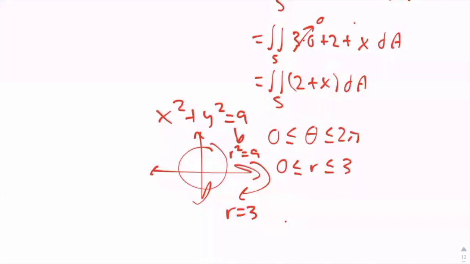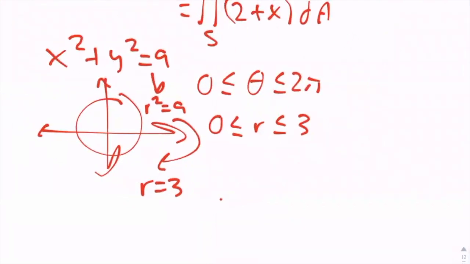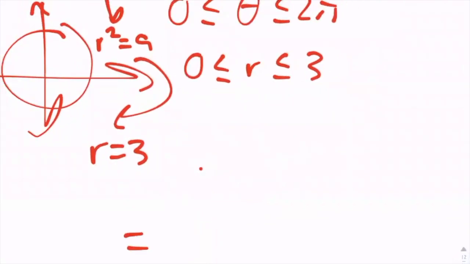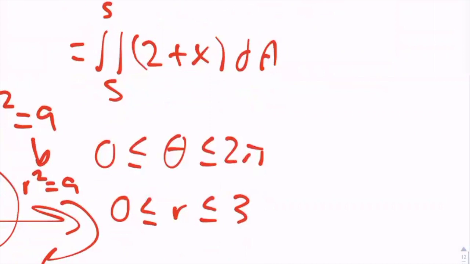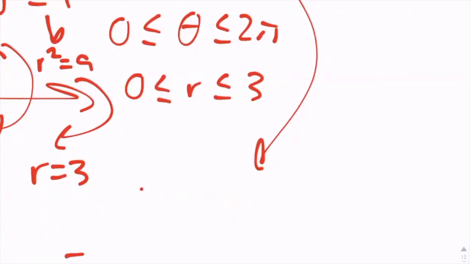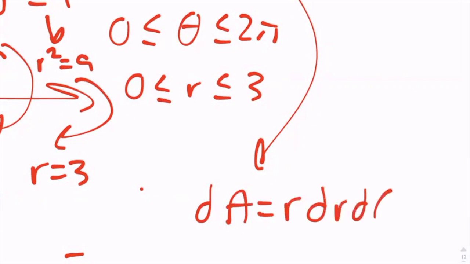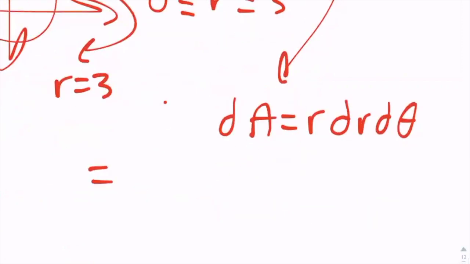All right, now that we have our bounds, there's only one thing left to do, and that is to plug everything in and solve. So we know that dA, when we switch to polar, is equal to r dr d theta, which is what we're going to plug in.